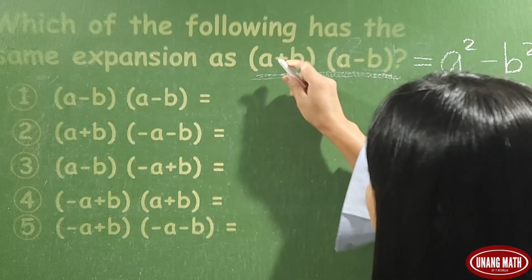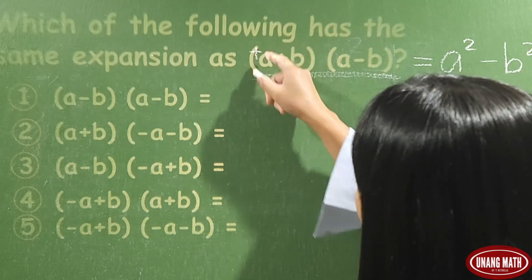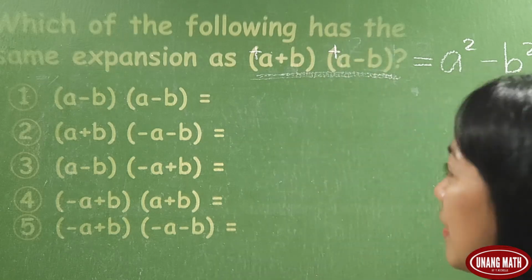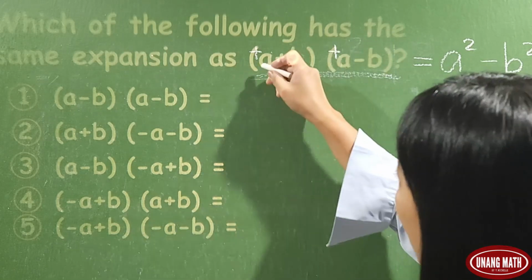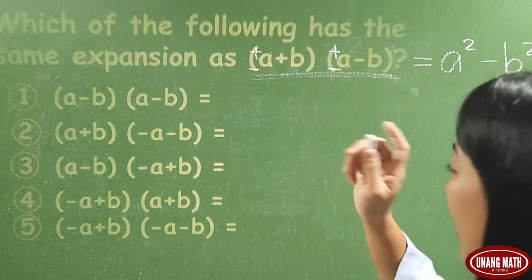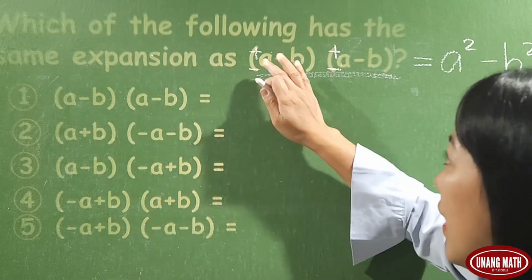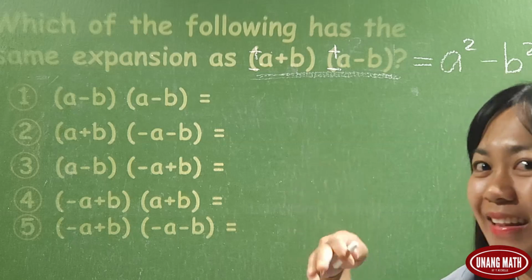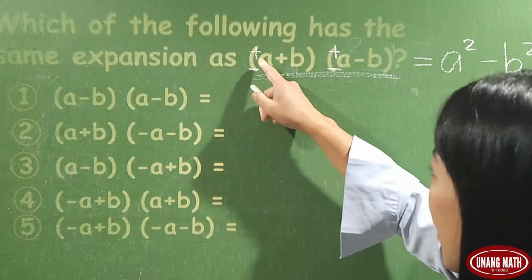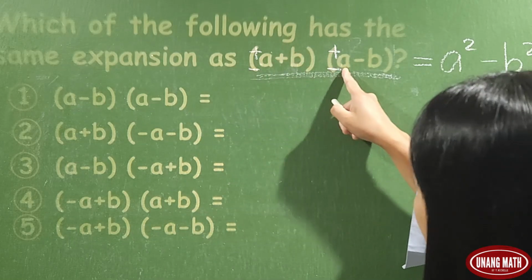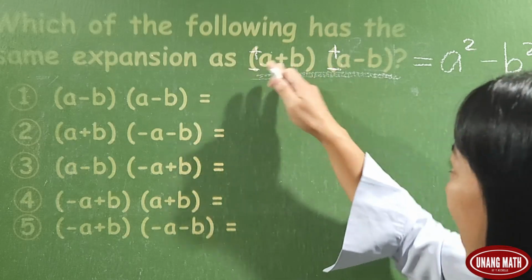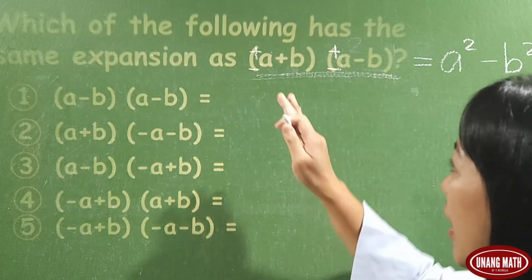So in here, this is positive and this is also positive. Positive, positive, or negative, negative. The point here is the sign did not change.